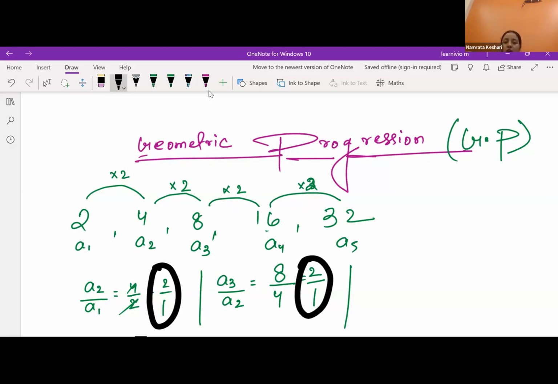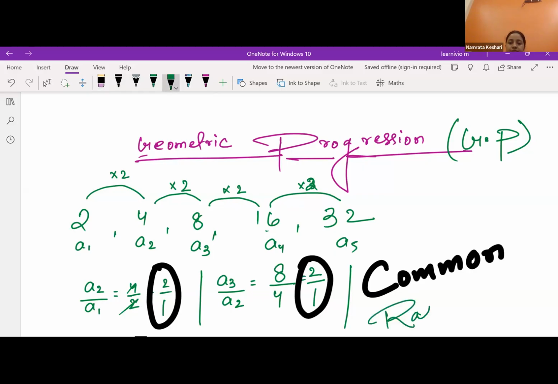So this ratio is called the common ratio. There we said common difference because we were doing subtraction. Here we call it the common ratio, and the common ratio is 2/1.